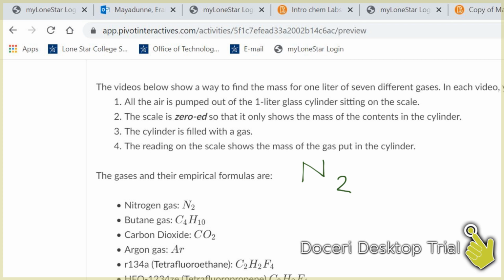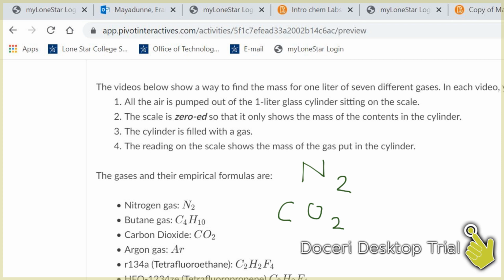You can look at the periodic table, get the atomic mass of nitrogen, and then multiply it by two. Another example, let's take carbon dioxide, CO2. How do you find the molar mass? What is the mass of carbon dioxide? It's in your periodic table.